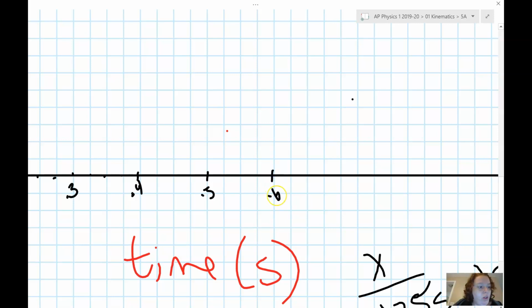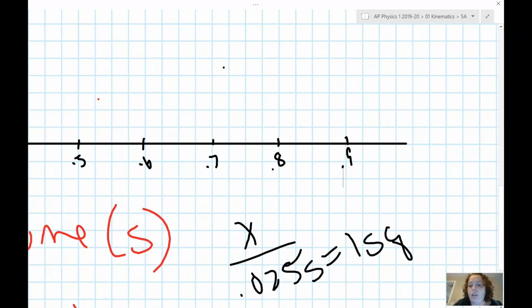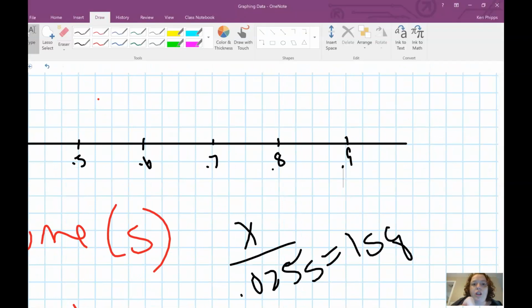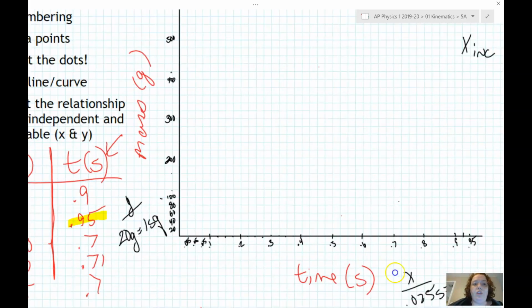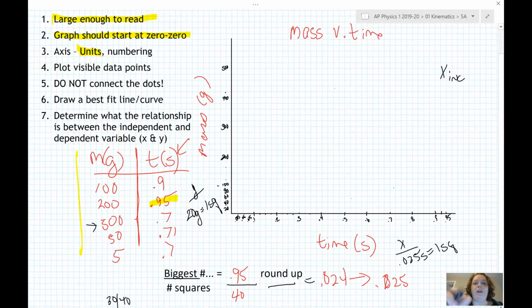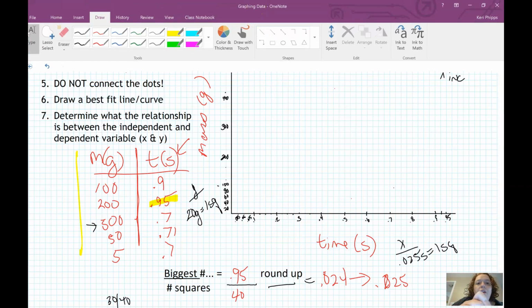Just keep going all the way up. 0.9, and that would make this one right here 0.95.